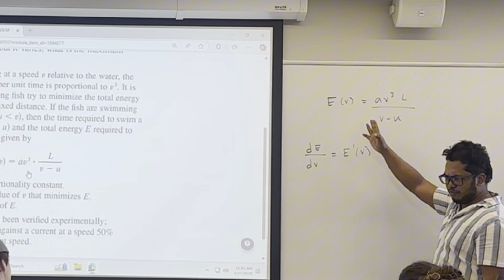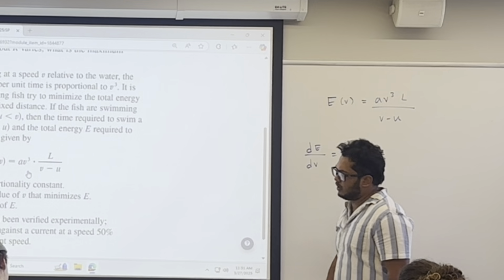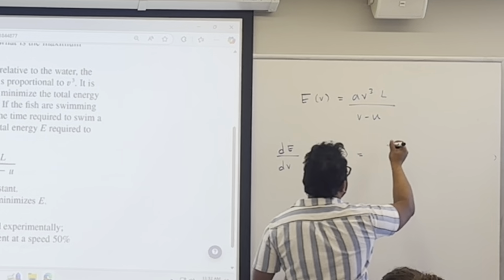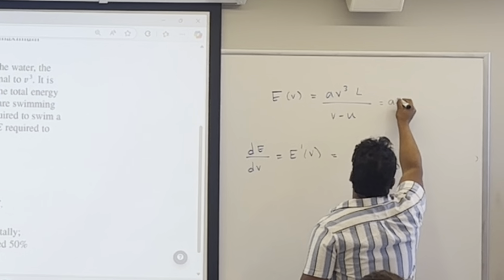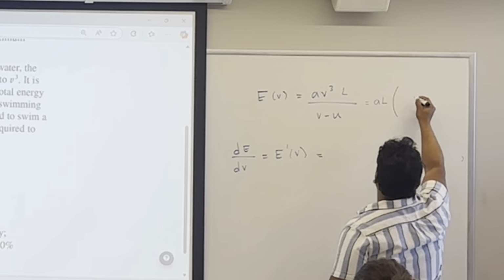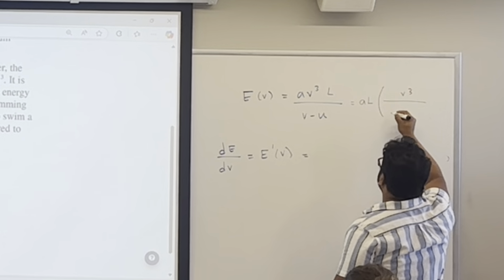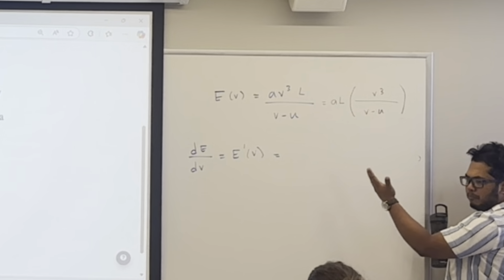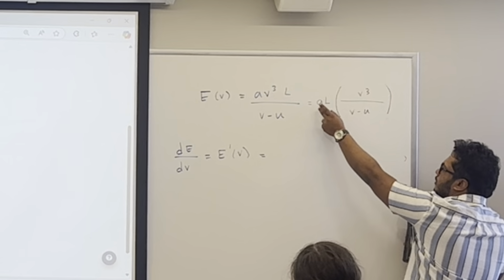AL you can take out if you want. Can I write it like this? Before you take the derivative, you can think of it as AL times v cube over v minus u. AL is constant. It's like a number, like a 10 or 20.